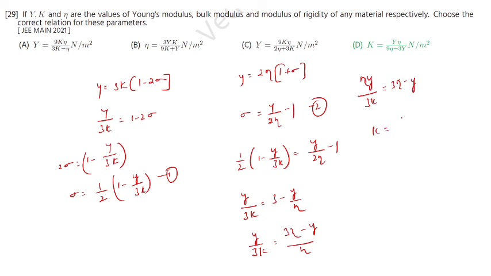Just do the cross multiplication, so you will get K equal to eta Y divided by 9 eta minus 3Y.